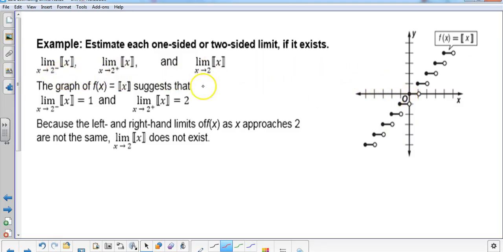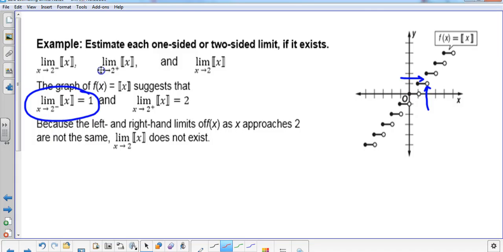As we get close to an x value of 2, which is right here, no, it's not -2. My bifocals are playing games with me. This is +2 from the left, right? As you get closer and closer to +2 coming from the left, what's the y value staying at, guys? 1.